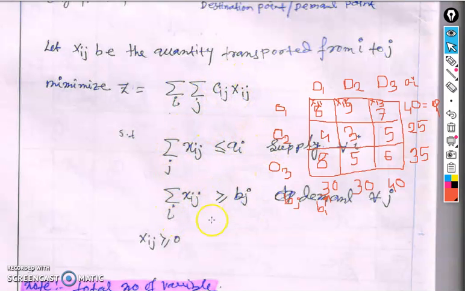Since it's a linear programming problem, you can solve it using the simplex method, but when you do, you can easily recognize that the number of factories is 3, therefore the number of constraints regarding factories is 3, and the destinations are 3, so the constraints regarding destinations should be 3, therefore the total number of constraints should be 6.